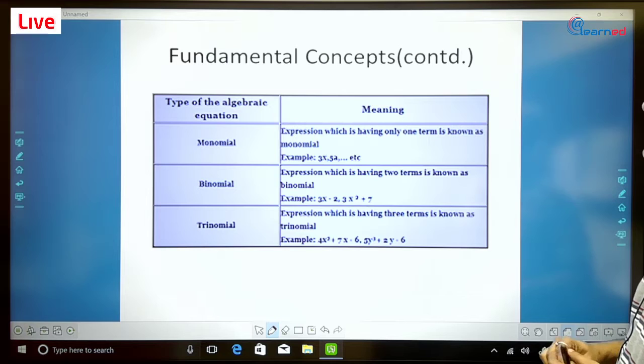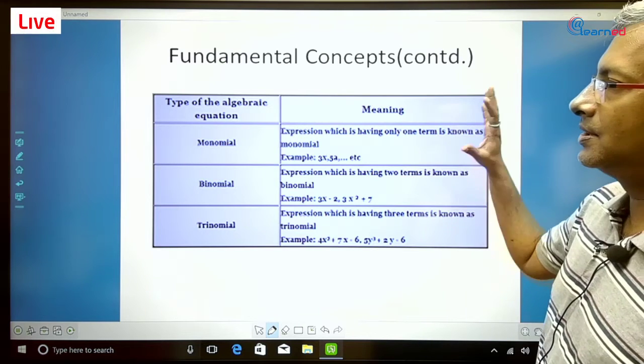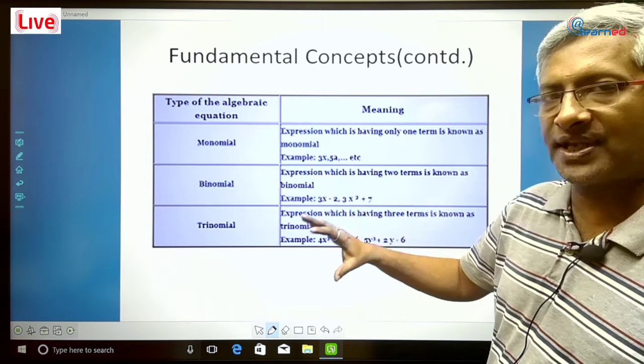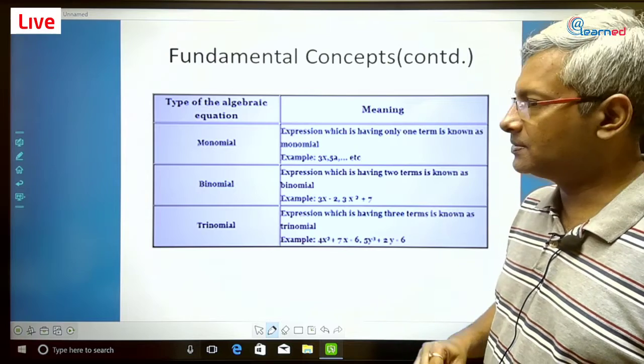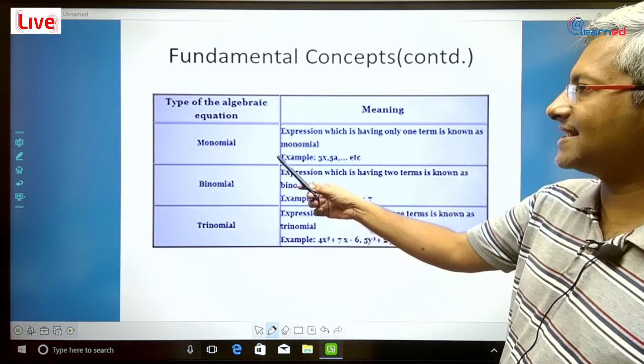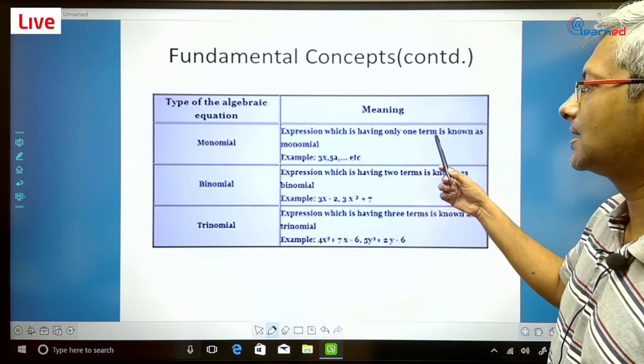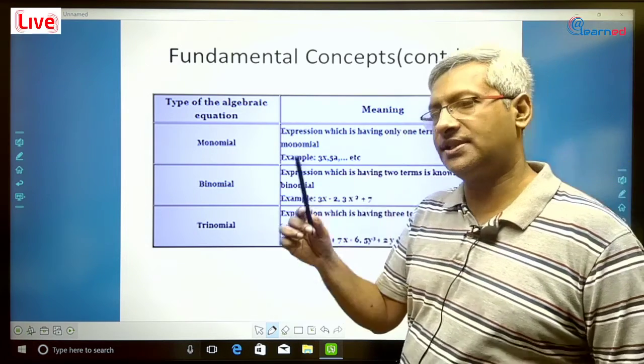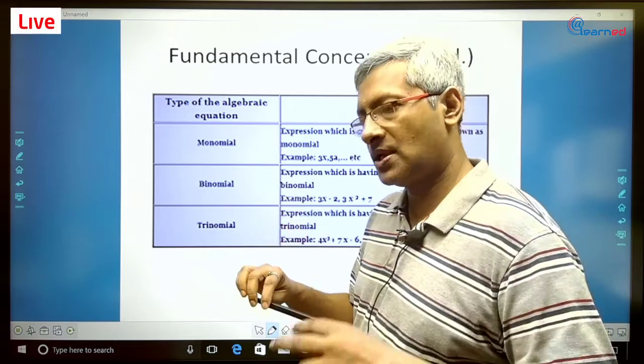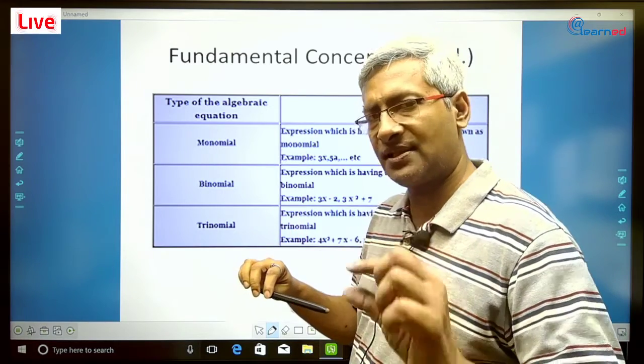So again we come back to the monomial and binomial. A monomial is an expression which will have only one term, and a single variable over there.